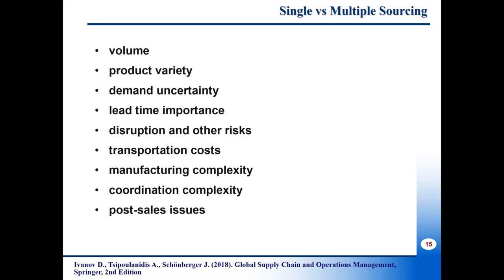The choice between single and multiple sourcing needs to consider demand uncertainty and important lead times. In some situations, it is better to adopt multi-sourcing, like the case of Zara. Zara produces its trendiest items in Europe, close to highly dynamic and changing demand.